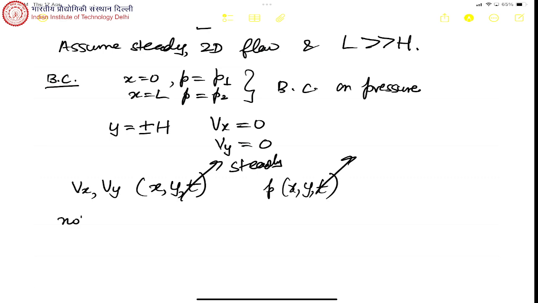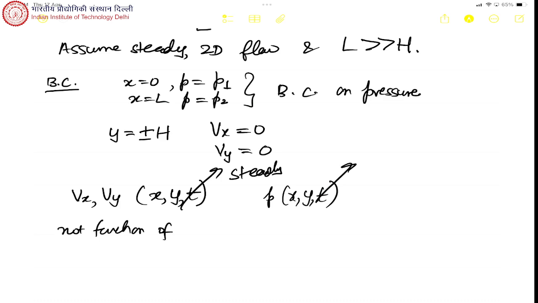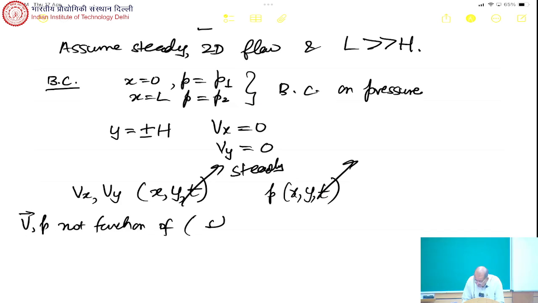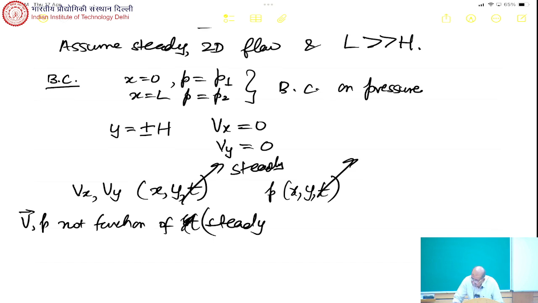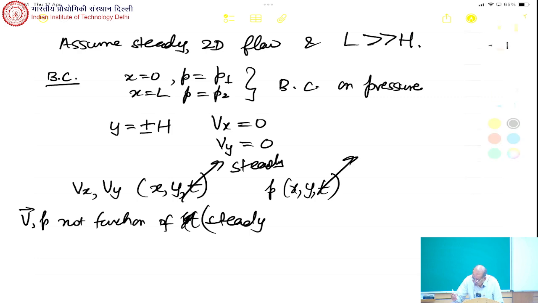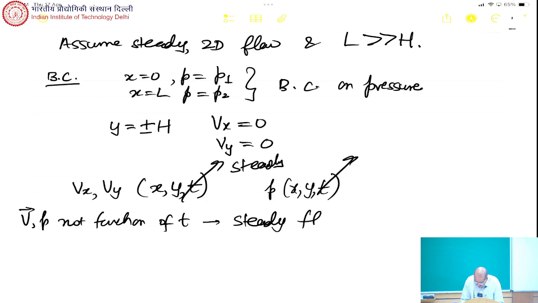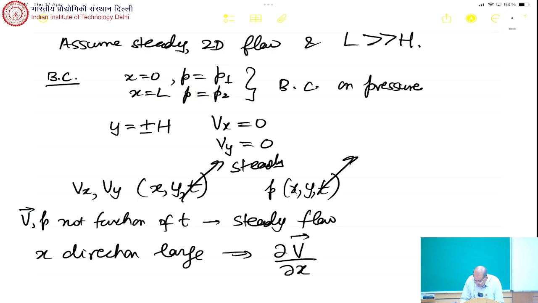Not a function of t because of steady flow. Because the length in the x direction is large, this implies partial Vy partial x is 0.